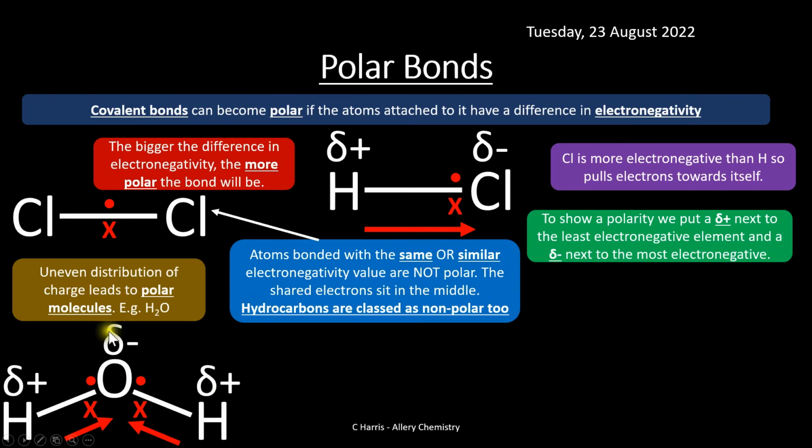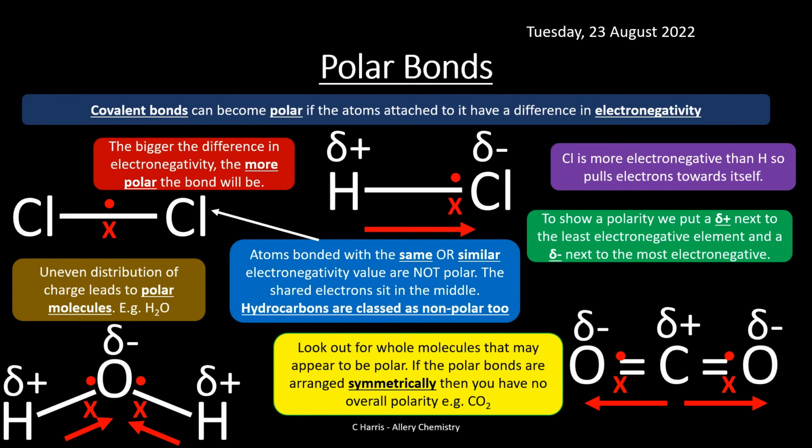So you get two sets of polarities. You've got one here and one here. Okay, and it's this property that helps water dissolve, or helps to break up ionic compounds, because of this charge here. It muscles its way into the giant ionic structures and breaks them up, and that's why you get ionic compounds that are generally soluble.